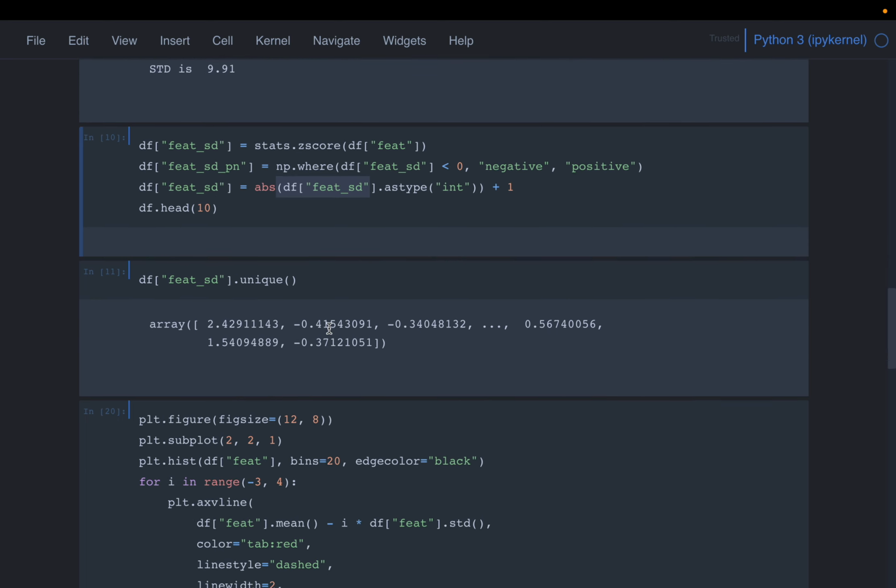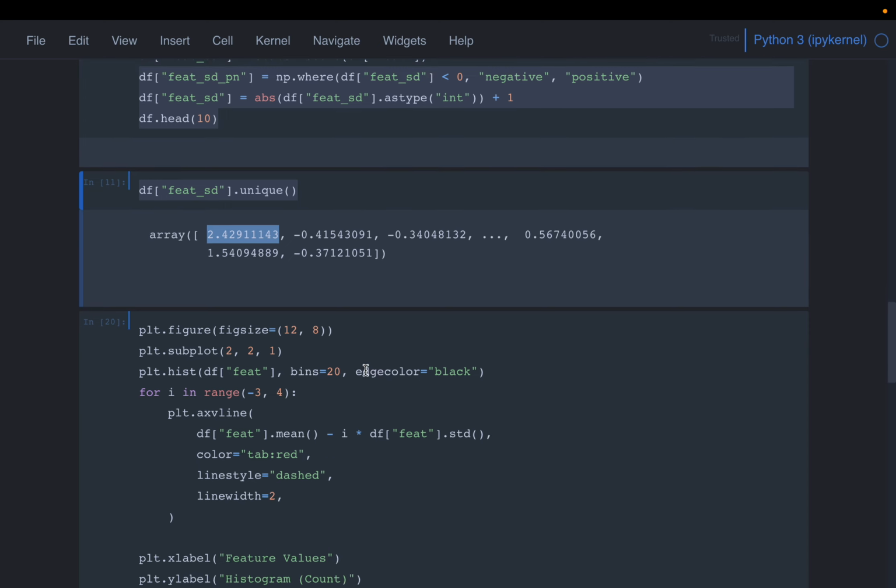This value is computed before running this code. As you can see, it takes both negative and positive values, and it gives this sort of distance, how many standard deviations away the value is.